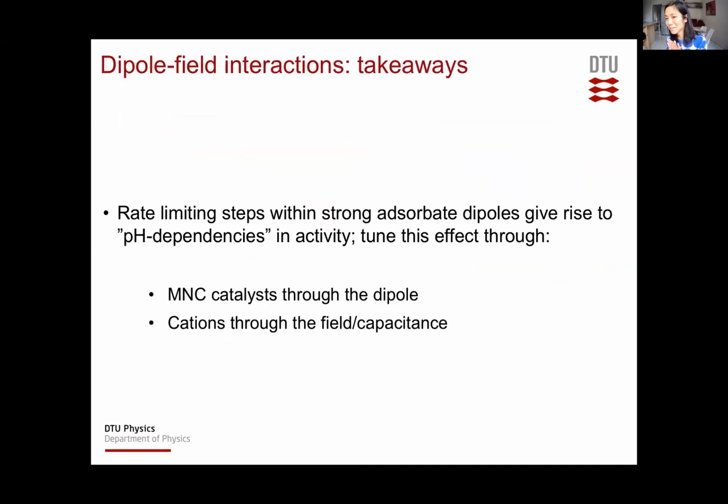The main takeaways here would be that in electrochemical CO2 reduction, and for some other processes actually, rate-limiting steps that have a strong adsorbate dipole-field interaction give rise to apparent pH dependencies in activity, and that we can exploit this effect, for instance, in single atom catalysts through how they can tune the dipole, as well as cations through the field or the corresponding double layer capacitance.